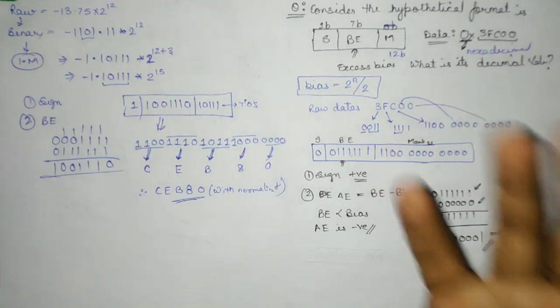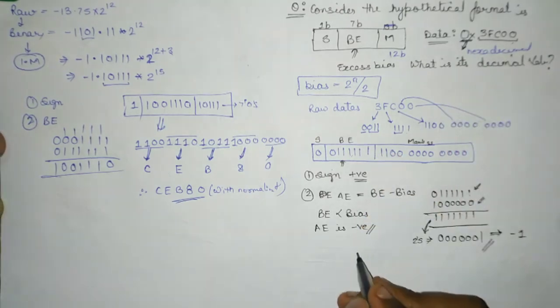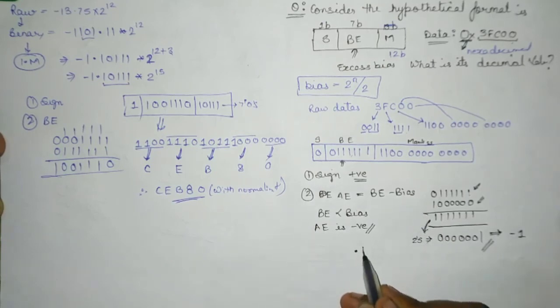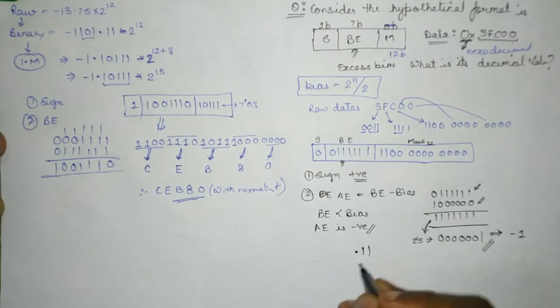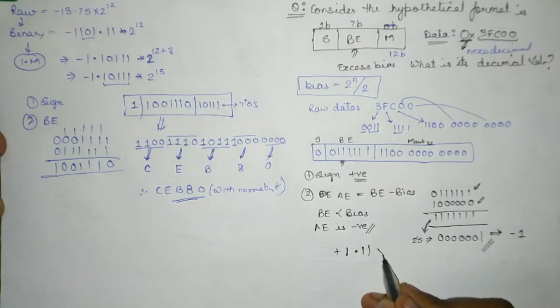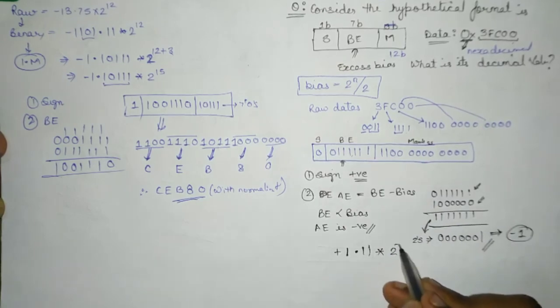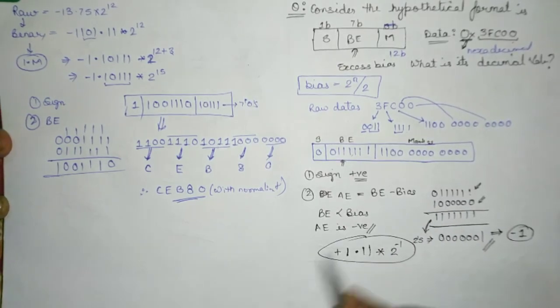Now let's try to convert it into the format. First of all, it will be equal to 0.11, right? This 1 is a valid digit along with the sign, which is positive, into 2, which is the base, and the exponent is minus 1. So this is the complete format.